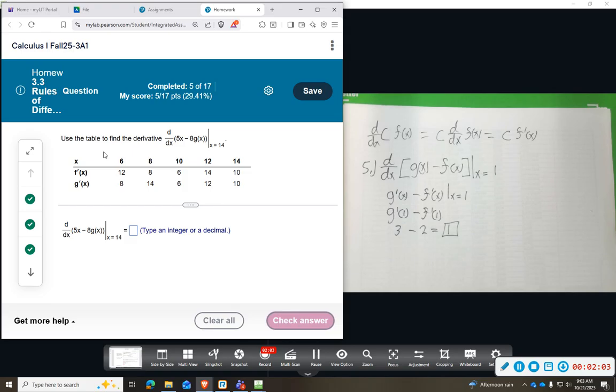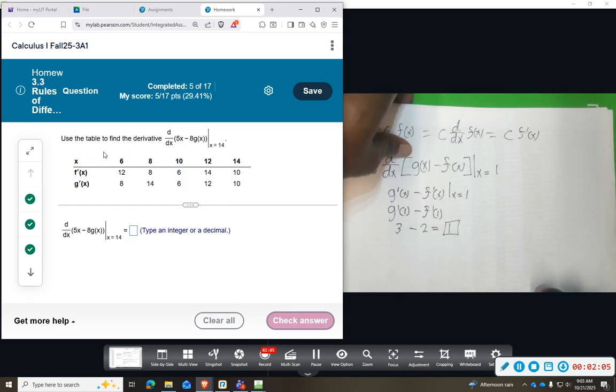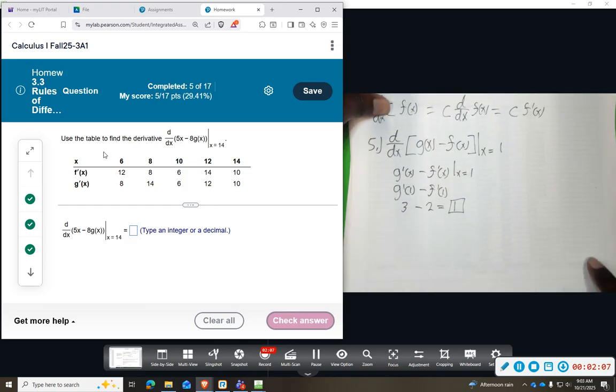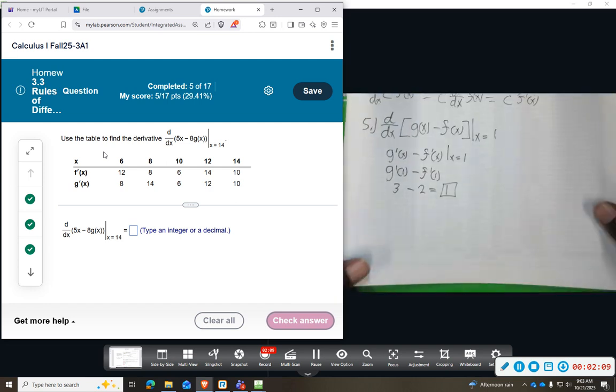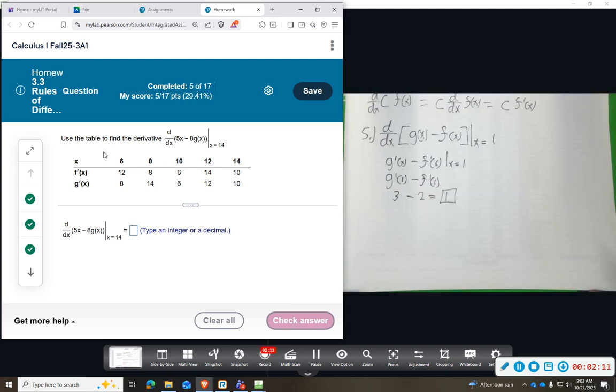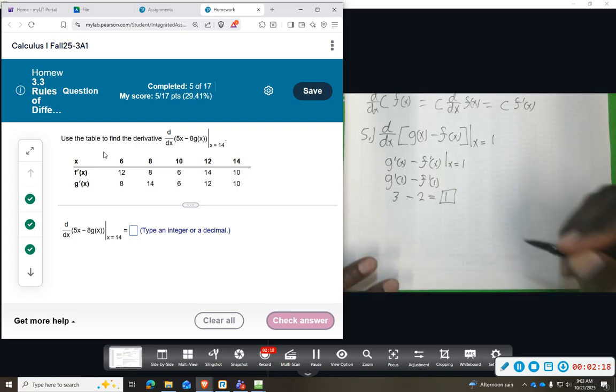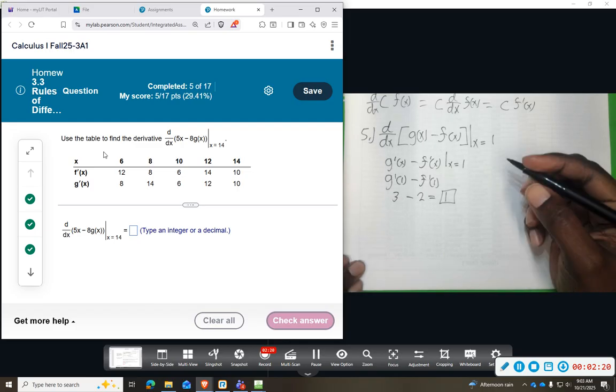All right, so we have another one, similar. Again, it says use the table. We're going to find the derivative of 5x minus 8 times g of x and evaluate that when x is equal to 14.